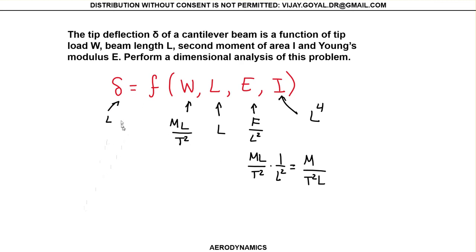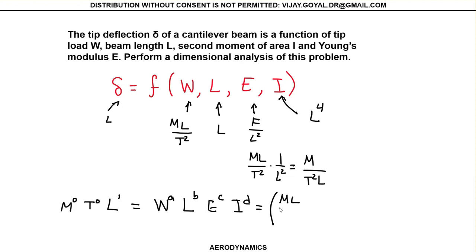So what's going to happen is on this side, we know this is L to the 1, but it will be the same as adding M to the 0 and T to the 0, right? Anything to the 0th power is 1, and I have 1 L, so just put 1. On this side, we can go ahead and add some letters: W to the A, L to the B, E to the C, I to the D. We're going to take our dimensional analysis and put it there.